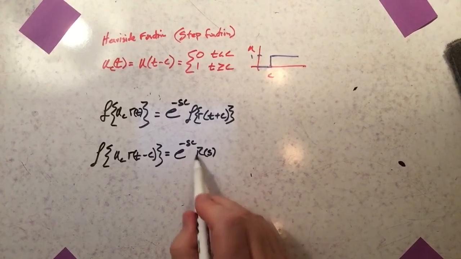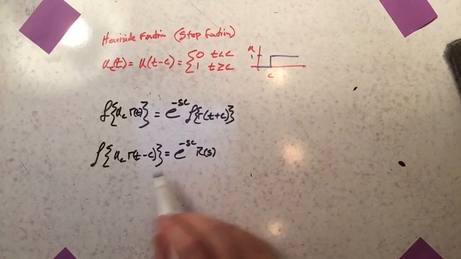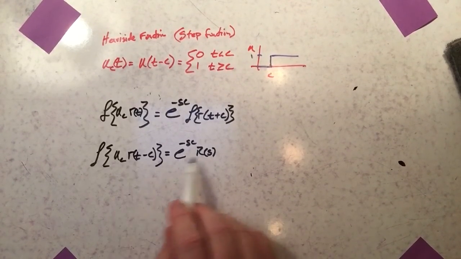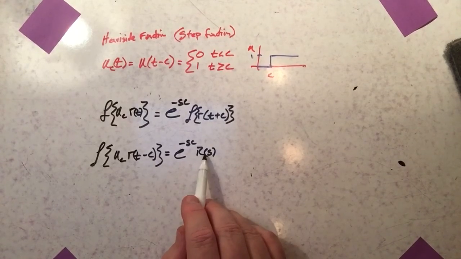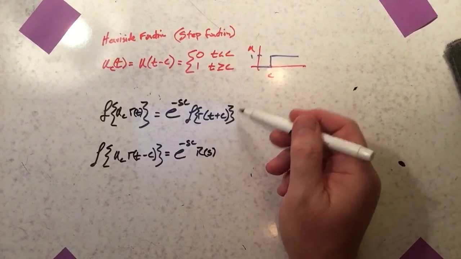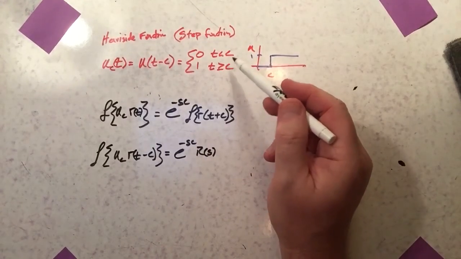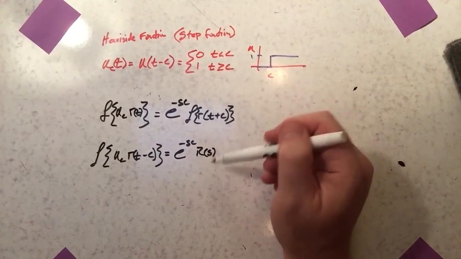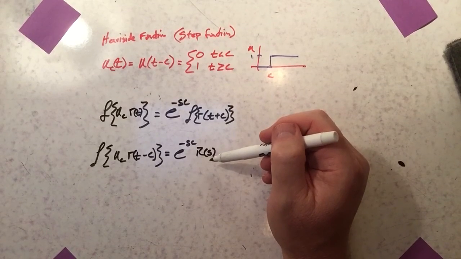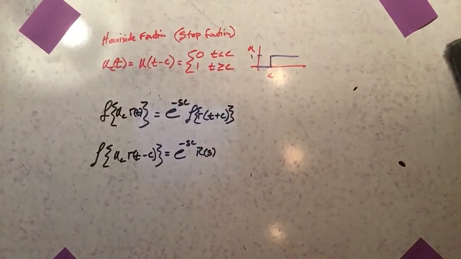And this, again, is just the Laplace transform of whatever the function r was, okay? Okay, so armed with these, together with this concept of the Heaviside function, there's a number of different problems that we can apply this to, and the next videos will show you what those are.